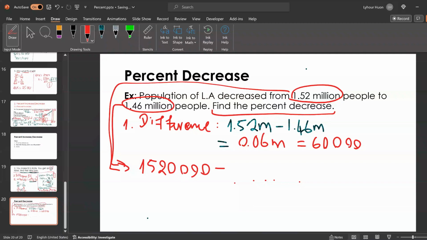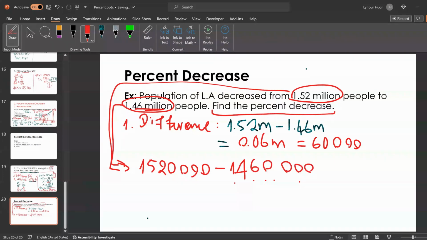Minus 1,000,000 plus 400,000 plus 60,000.